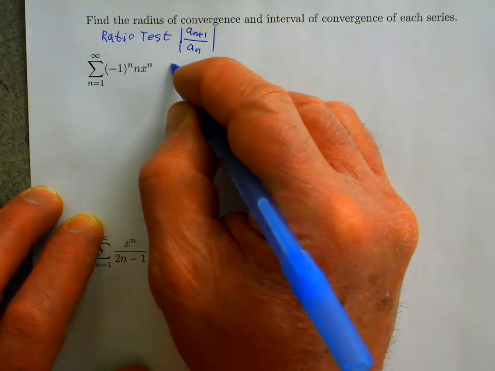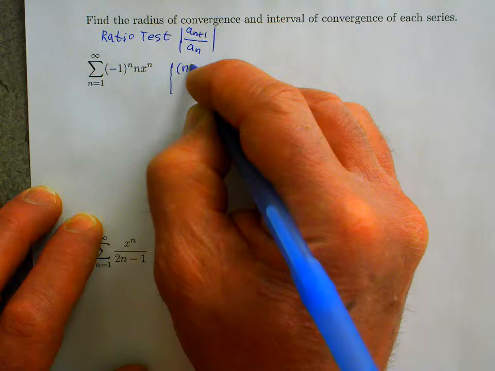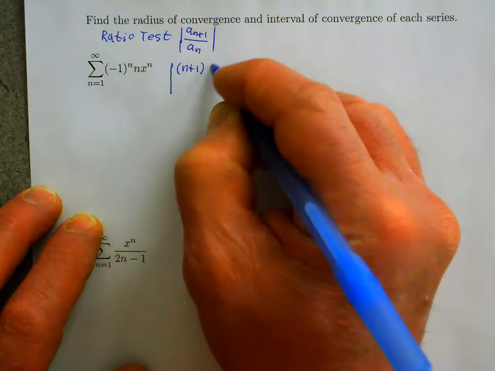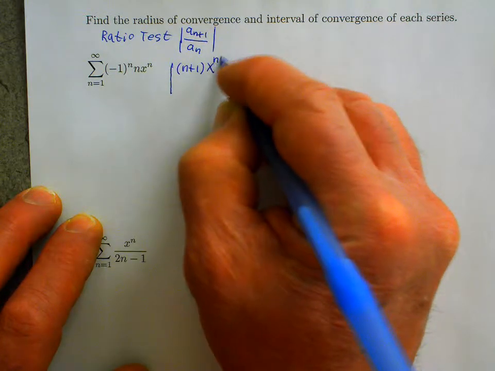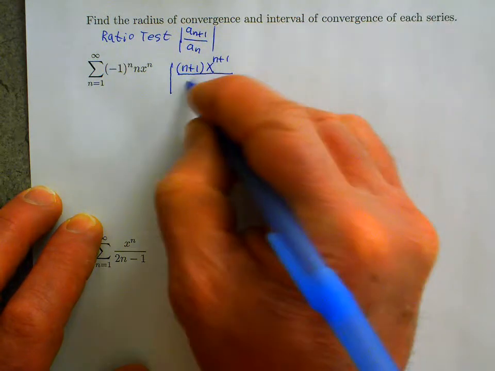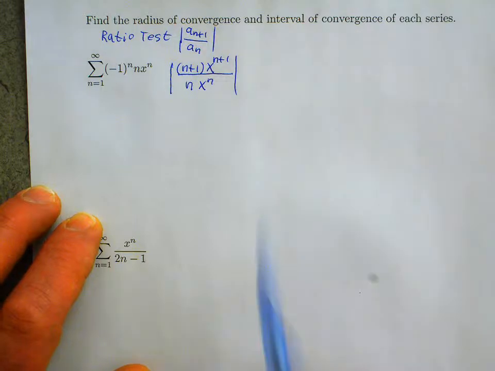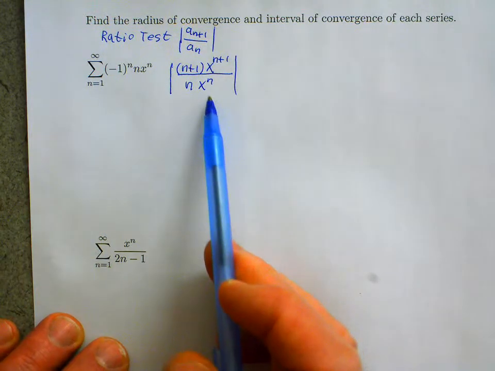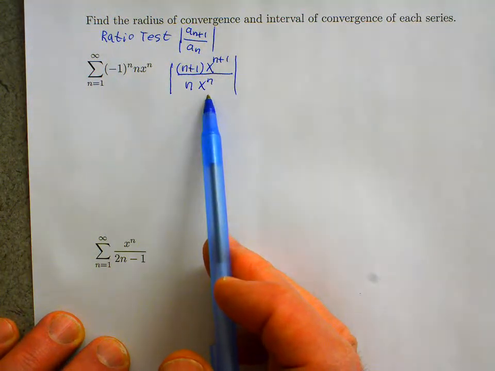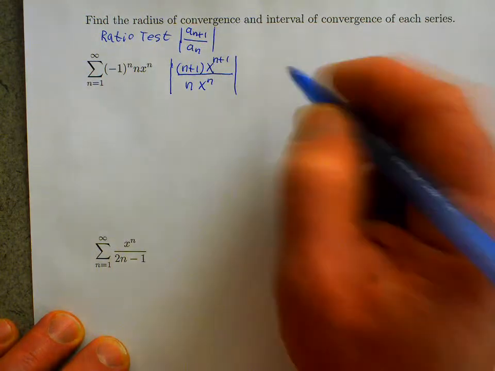So the ratio test will write in the numerator the absolute value of n plus 1 times x to the n plus 1, divided by n times x to the n. We're going to take the limit of this in a minute, but we'll simplify a little bit first.